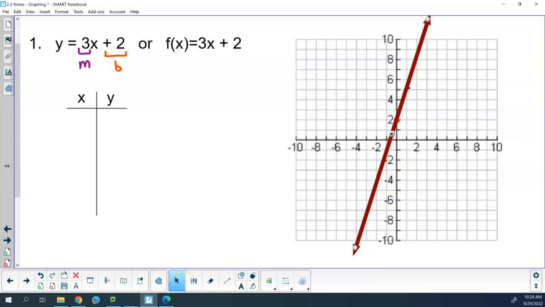And the reason that I want you to get into that habit of drawing all the way across your graph is because when we get into solving systems of equations by graphing, we don't know where that intersection point is going to happen. So we've got to draw it all the way across the graph. So I want you to get into practice of doing that early. This is early.